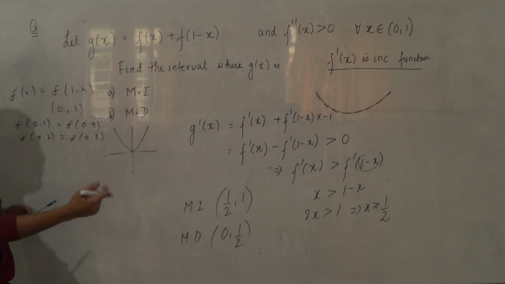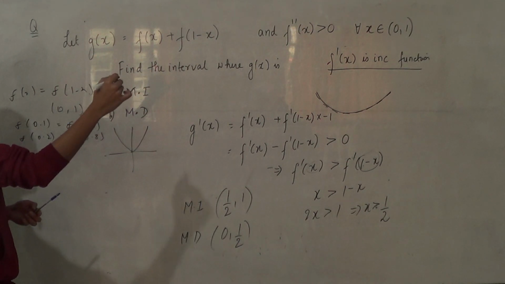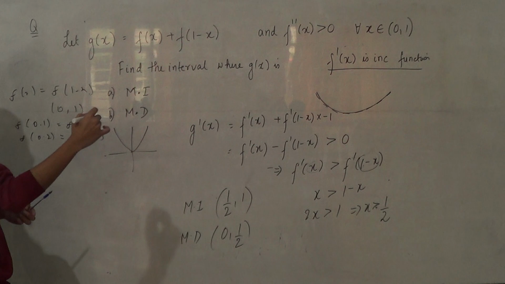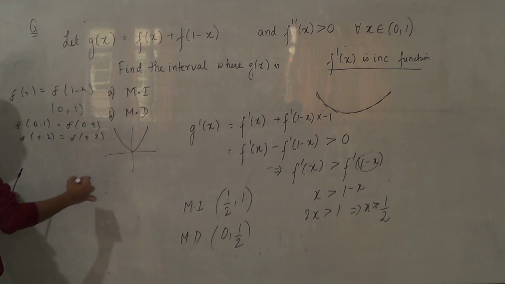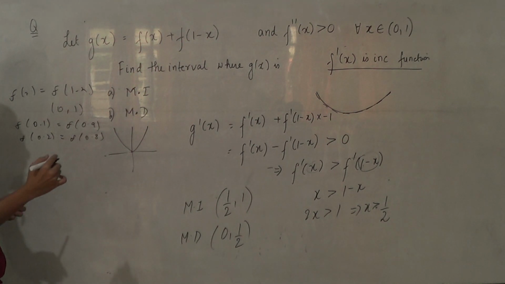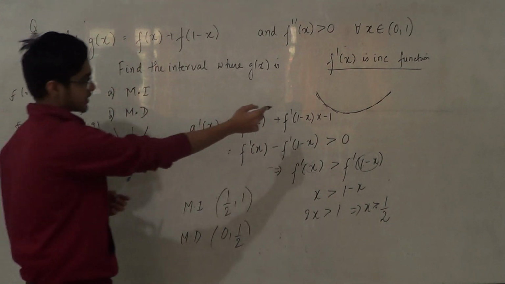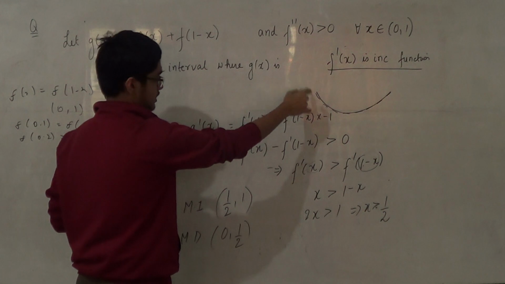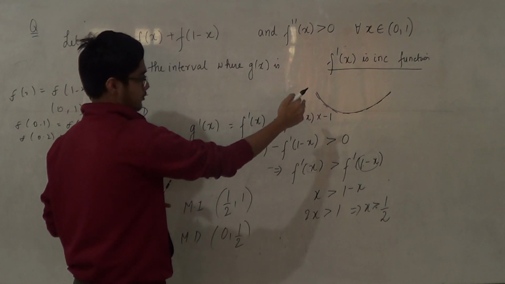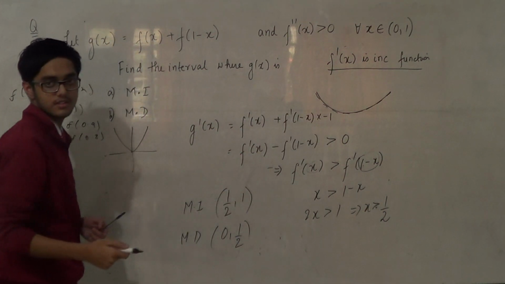And then since f double dash x is greater than 0 at x equal to 0.5, it has to be a minima. So the graph looks something like that. From 0 to half it is decreasing, and from half to 1 it is increasing.